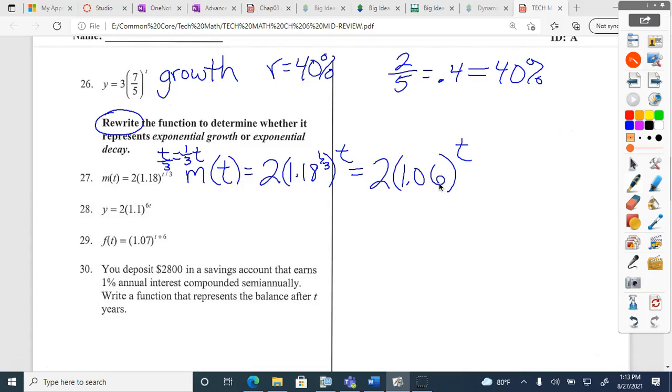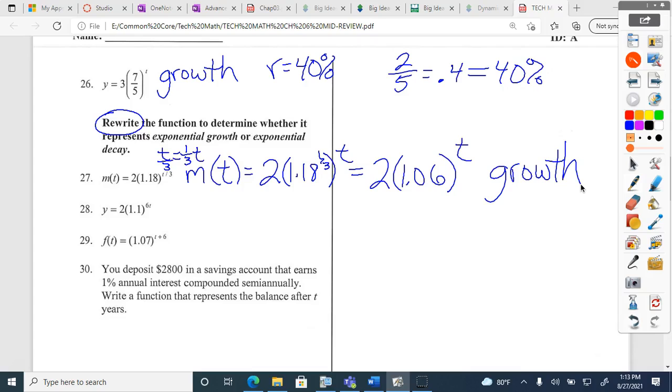Now you can tell, is that growth or decay? That is growth. Sometimes it might look like it's growing, but after you move that thing, it might not be growing anymore. So it happened to work on that one.